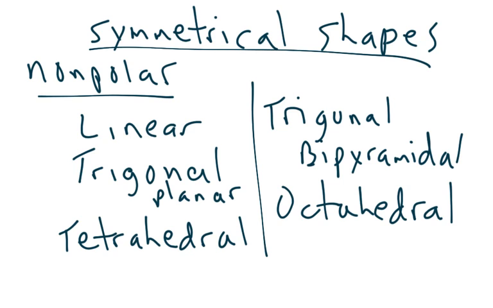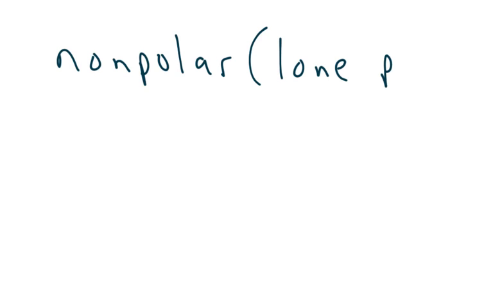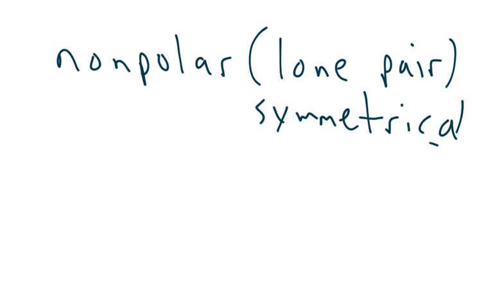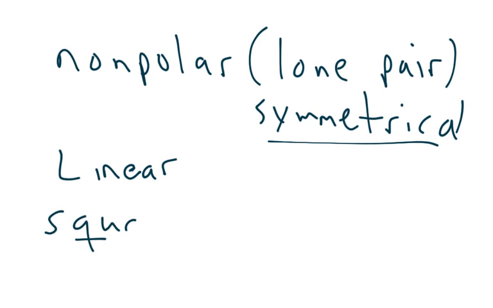Okay, now let me add the 2 exceptions that are also nonpolar, even though there's the presence of a lone pair, because of the symmetry. And it's the 2 that I just mentioned, the linear and the square planar.